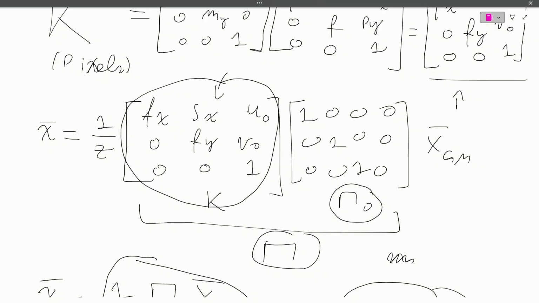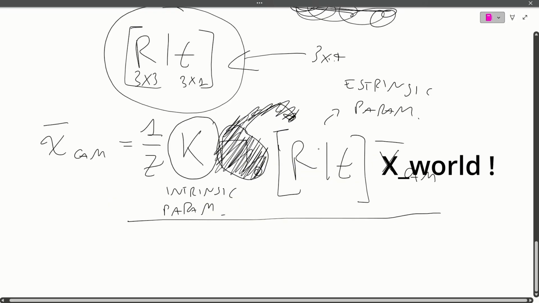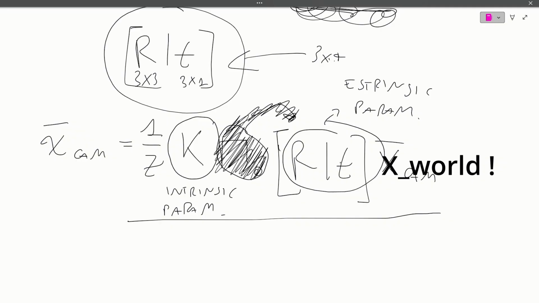So this is just the transformation due to the fact that you are passing from a real world to a small object, so intrinsic. These are parameters that control the roto translation that we need for passing from a theoretical global point of view coordinate system to the coordinate system of the camera in that precise moment.